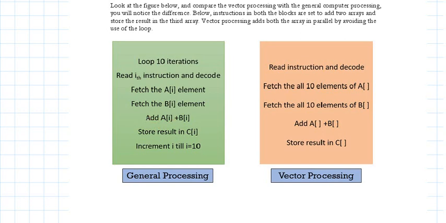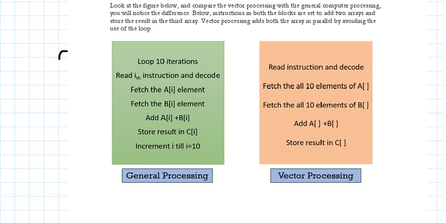Now, suppose your processor is capable of doing 10 such additions parallelly. If you look into the operation, which is Ci equals Ai plus Bi, as we have discussed while studying loop unrolling, these different instances of the iteration are independent of each other.